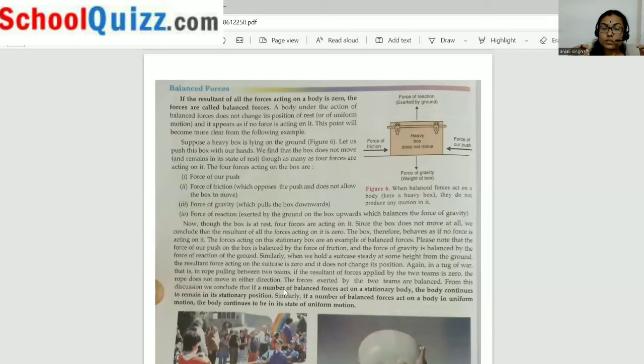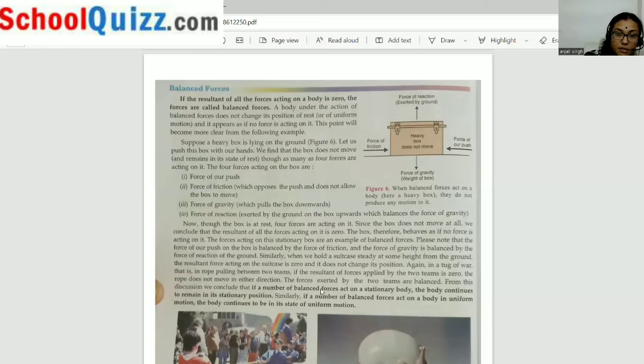All these four forces are balanced, meaning they balance each other. The force of friction and the force of our push are balanced. The force of reaction and the force of gravity are balancing each other. That is why it is known as balanced force. In this condition, all these forces are balanced.